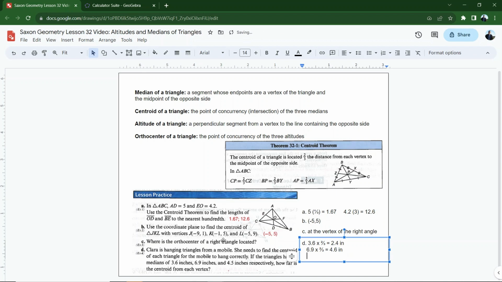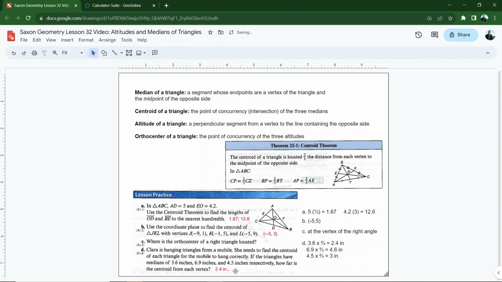And then lastly, 4.5 inches, 1/3 of 4.5 is 1.5. If I made two of those, 1.5 plus 1.5 is 3 inches. Let's see if I got that one right. 2.4 inches, check. 4.6 inches, check. And 3 inches, check. All right, that is how you work these sorts of problems.